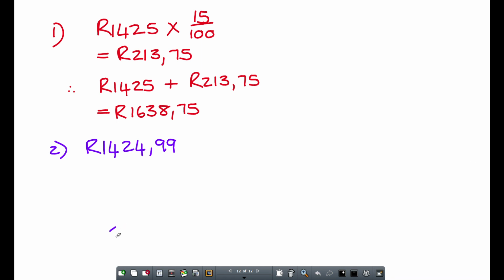Okay, nou onthou, hier kan jy nou gemaal of gedeel het. I'm going to multiply. It's going to be exactly the same thing. Okay, so I'm going to say 1,424 rand times. Ek soek nou VAT exclusive, meaning I want 100 over, en hierdie is eintlik 114, nee.